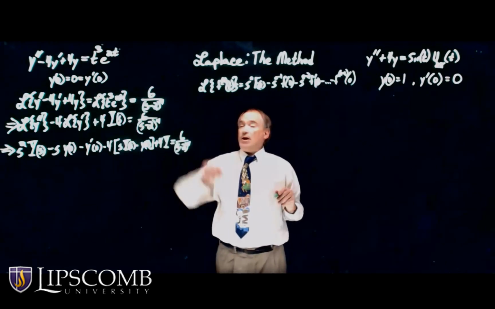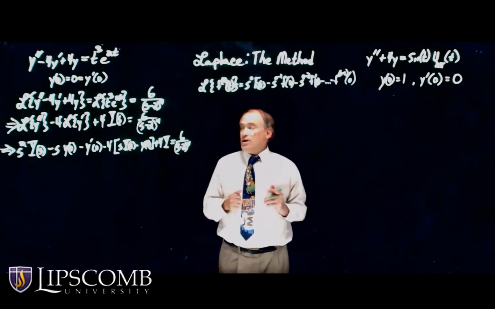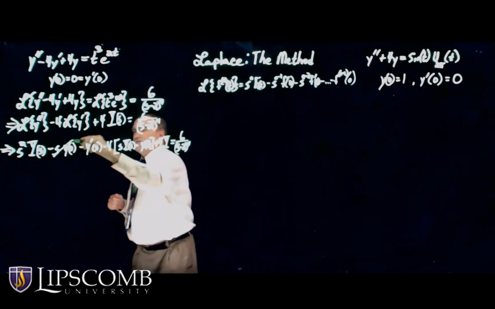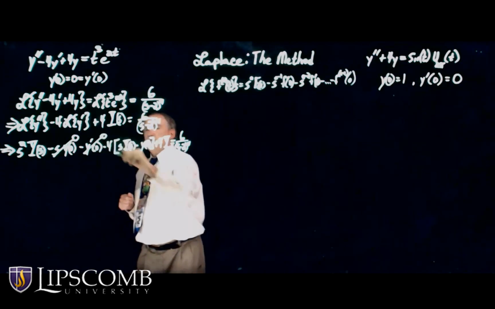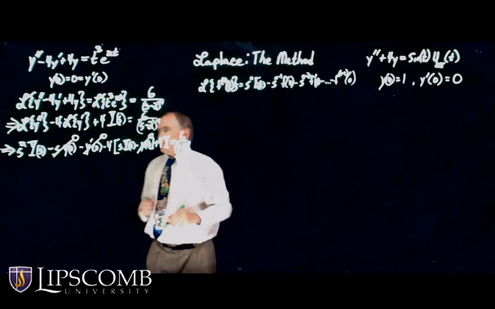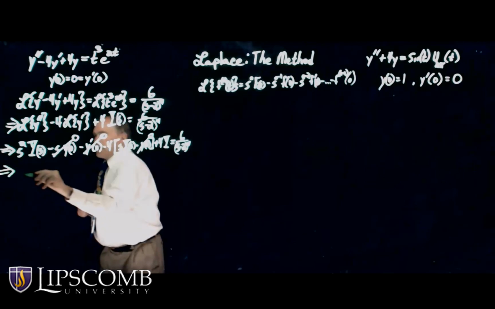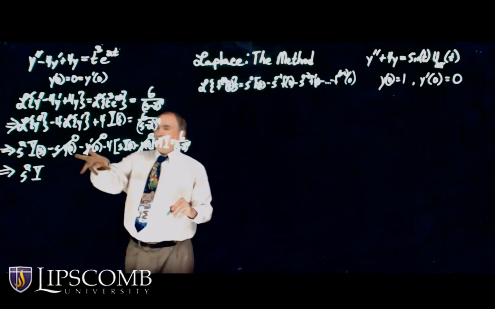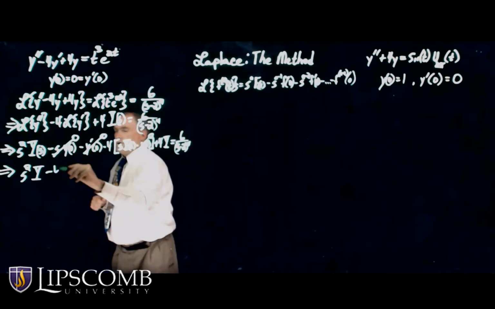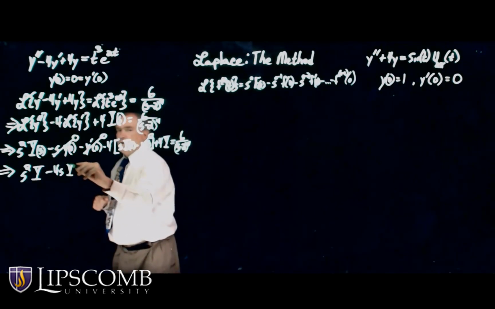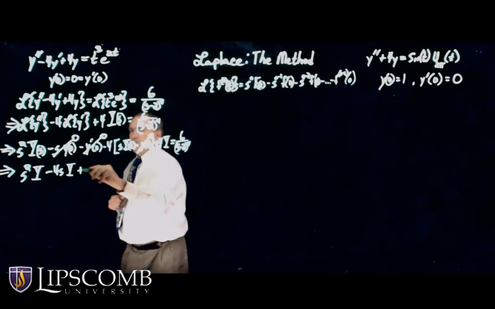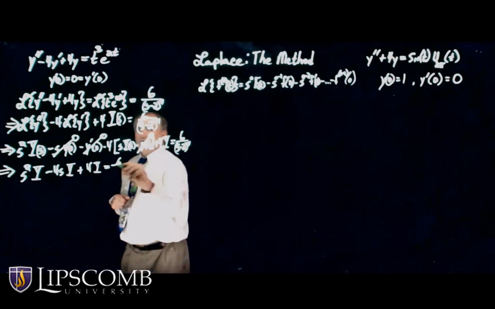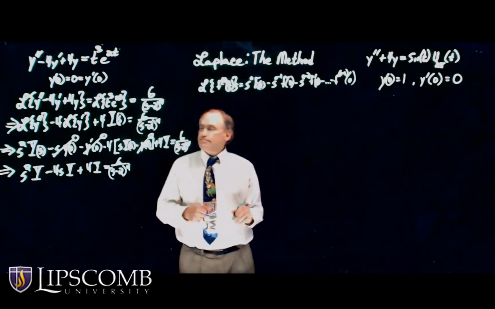Now let's plug in my initial conditions. So this one, it's very easy. This is 0, this is 0, this is 0. So what do I get? I get s squared times capital Y, 0, 0, minus 4s capital Y, plus 4 capital Y, equal to 6 over s minus 2 to the 4th.